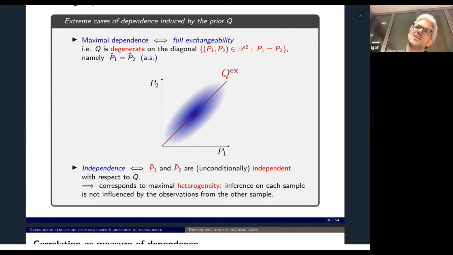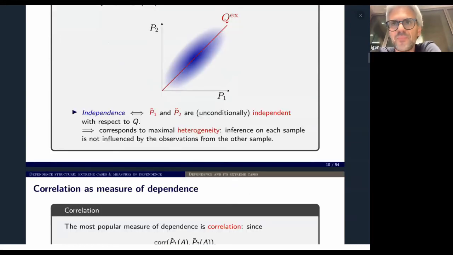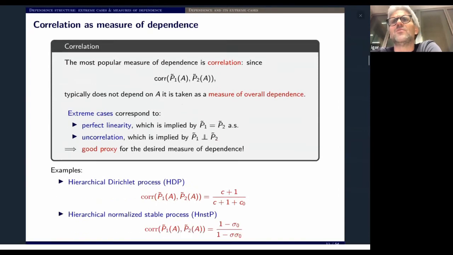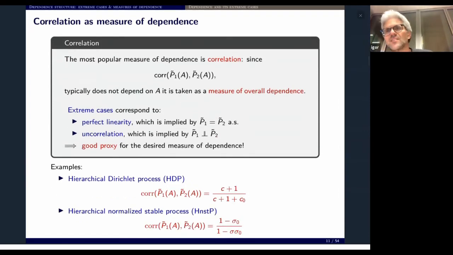So a good model in this case is a model which covers the whole range between full exchangeability and independence, ideally regulated by a parameter which, according to where I set it, in the limits I degenerate either to full exchangeability or to independence. And ideally, I also want to learn where I am.